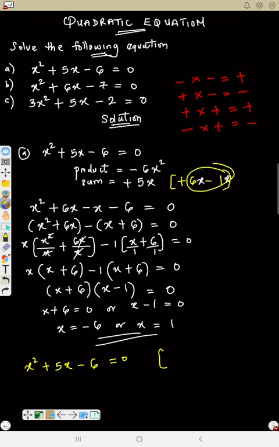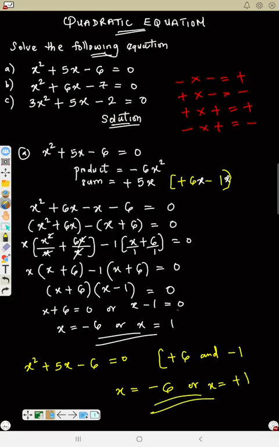We use plus 6 and minus 1, as in those are the two numbers we got here. Plus 6, and I told you the sign will change, so x will be equal to minus 6, as in the plus sign changes to minus, or x is equal to plus 1, as in the minus sign changes to plus. So that is the answer.